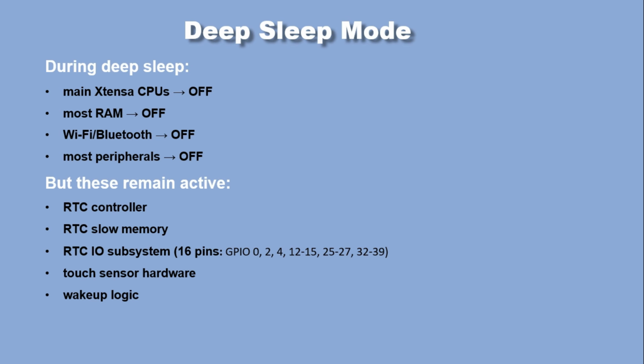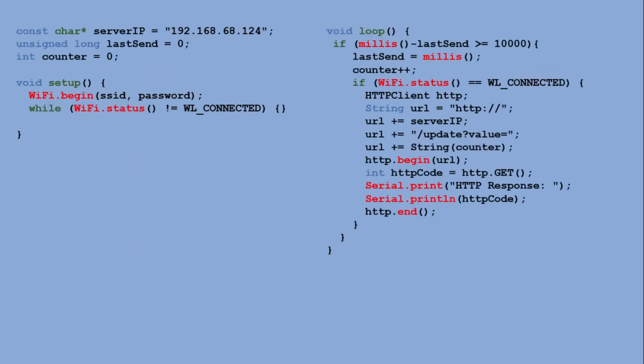This longer wake-up time is the trade-off for achieving extremely low power consumption, often in the range of just a few microamps. Deep sleep is ideal for battery-powered IoT devices that spend most of their time waiting between measurements or transmissions. The commands to activate deep sleep are very similar to those used for light sleep, but in addition to them, we need to make some fundamental changes to our code.